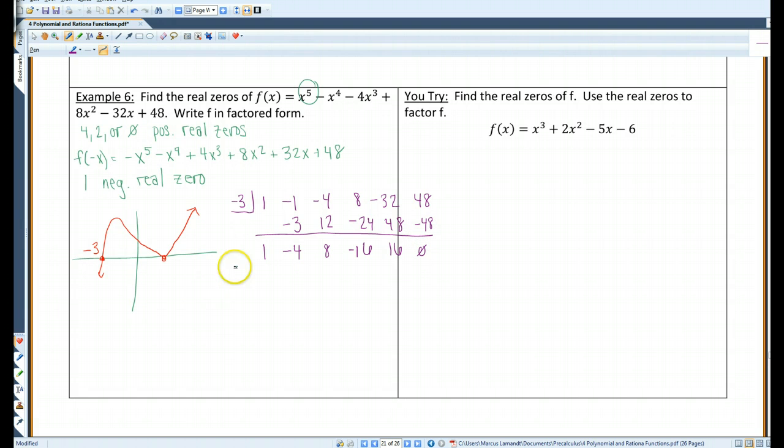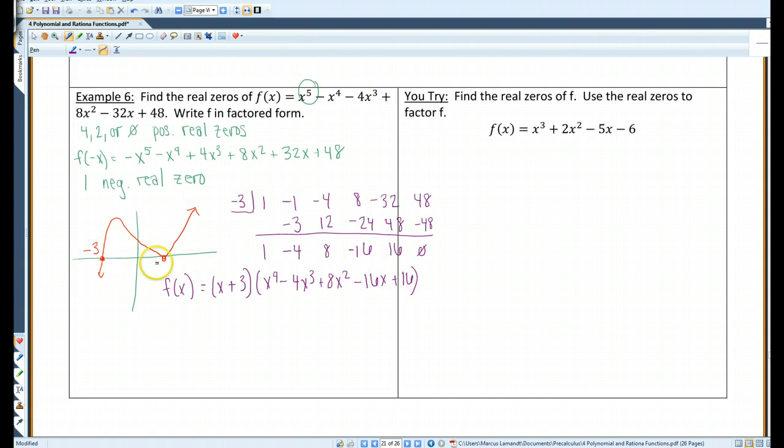Okay, so now we see that this can factor as so. X plus 3, x to the 4th minus 4x cubed plus 8x squared minus 16x plus 16.